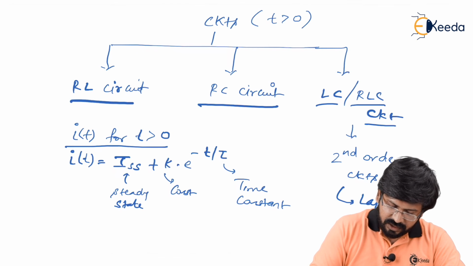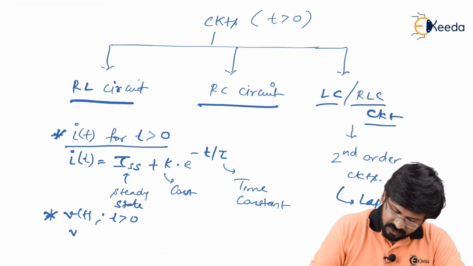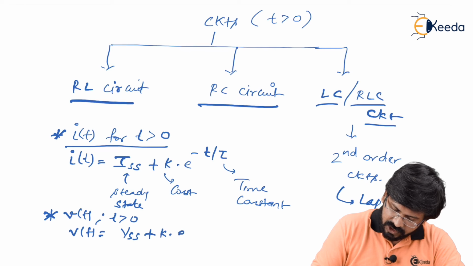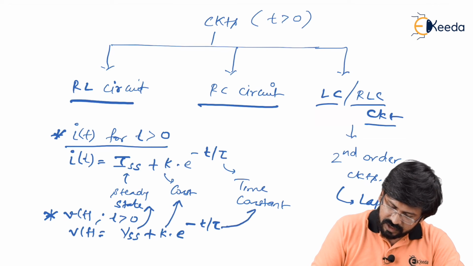Similarly, V of t for t greater than 0 can be written directly. V of t is simply VSS plus k into e to the power minus t by tau. Again, VSS is your steady state voltage, k is a constant, and tau is again the time constant.